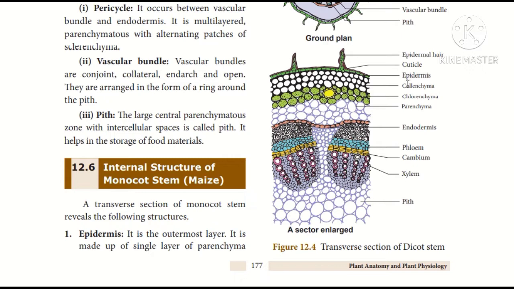And the hypodermis usually consists of 3 to 6 layers of collenchyma cells, and the main important function is to give mechanical support to the plant. And the second layer is the middle cortex layer, and a few layers of chlorenchyma cells are seen in the middle cortex layer.